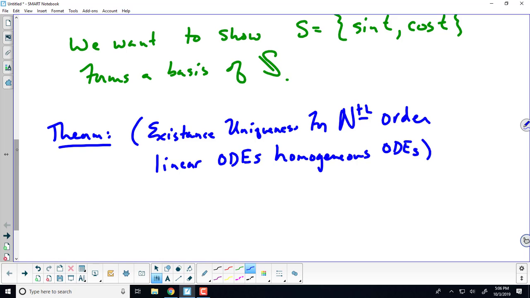I'm not saying that they have to have constant coefficients, which is what we're going to sort of restrict ourselves to for a little while. Okay.